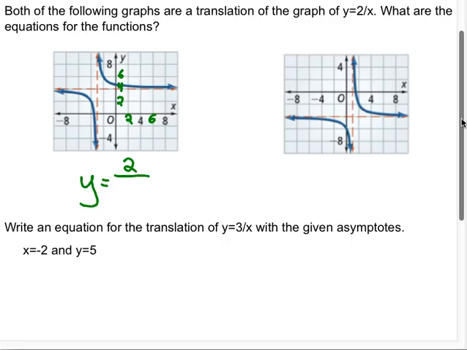Well, it shifted 3 to the left. 3 to the left would look like that, and it shifted 4 up. How am I getting that? Well, I'm looking at the asymptotes. Look to see how the asymptotes shifted. That helps you write out the graph, or write out the equation, I mean.